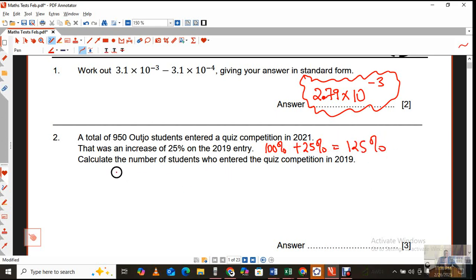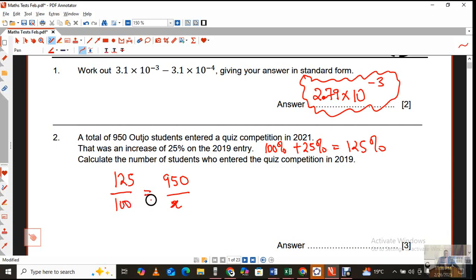So 950 represents 125%, which is equal to 950 over something. Now this something is very important because if it's an increase in 2021, then the entrance for 2019 must be far less than that. That is why your fraction is essentially improper.